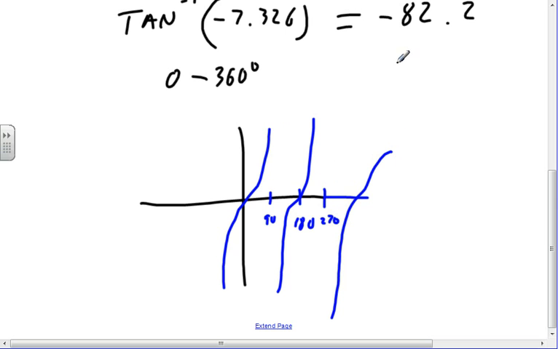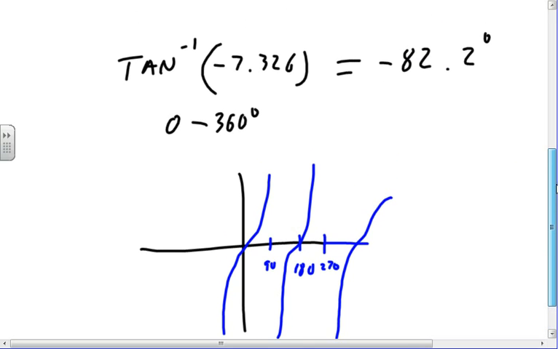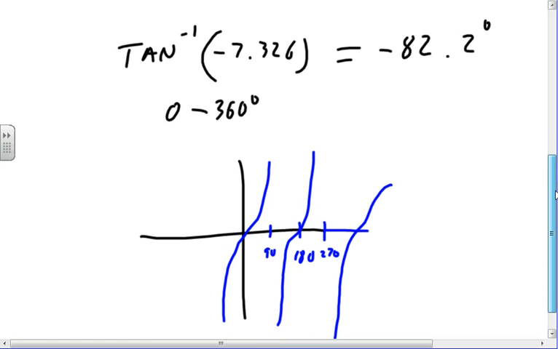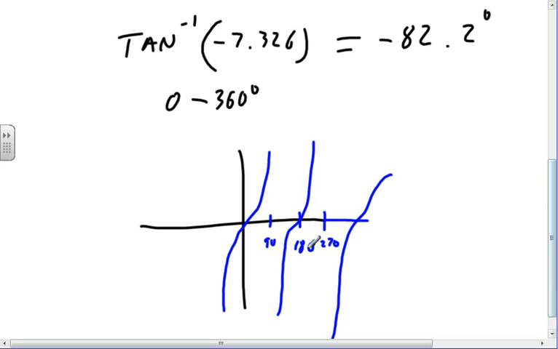Okay, so minus 82.2 degrees, so minus 7.326 is right there. I have two answers. How come it says 82? It shouldn't say 82. Oh, minus. That's minus 82.